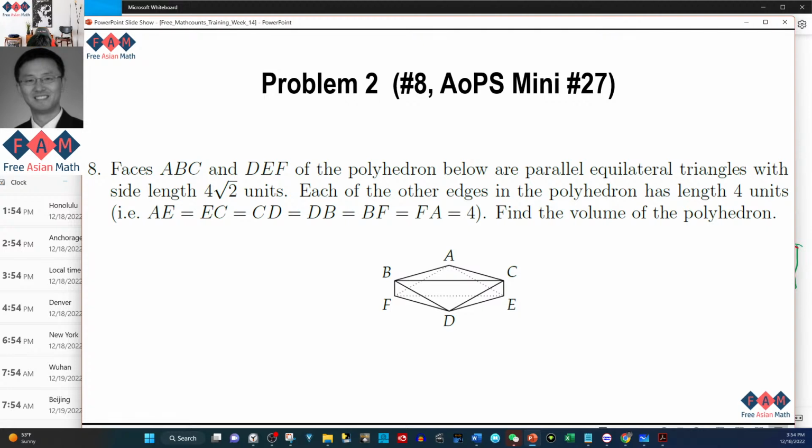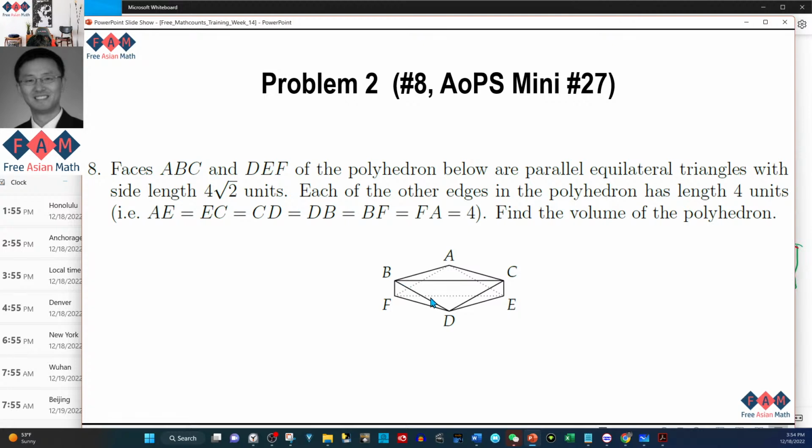So how can you visualize this figure? Well, before doing that, one thing you should be very sensitive to is that look at the numbers. We have 4 square root 2 and a lot of 4. So that means that the ratio is 1 to square root of 2, right?